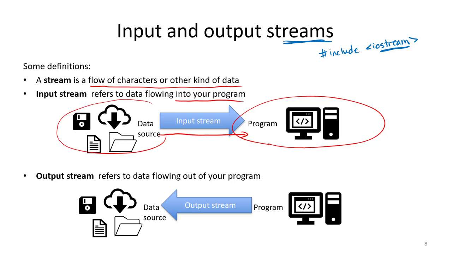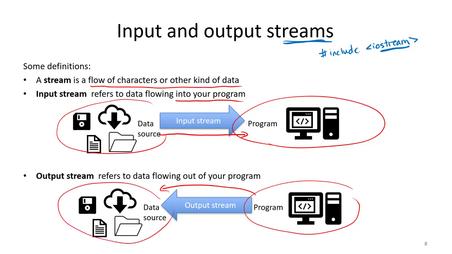Similarly, an output stream refers to data flowing out of our program. So in this case, we take data from our program and we send it off to a data file, another document. Maybe we push it to GitHub or somewhere else. Input stream refers to data flowing in. Output streams refer to data flowing out.